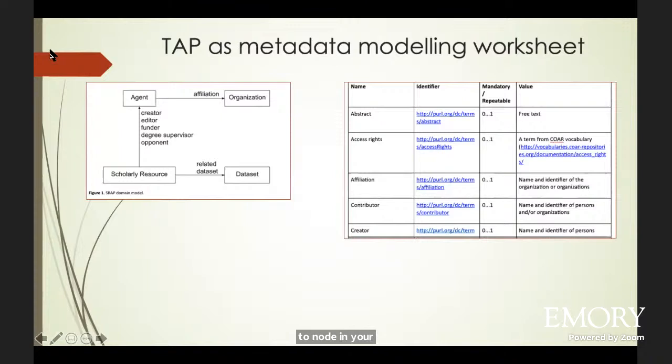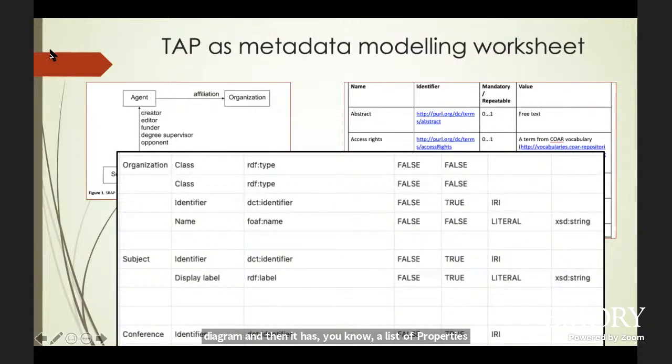Now, although we've conceived of the tabular application profiles as being machine actionable, what we are also discovering is that people are finding that using this model helps them think about their metadata. And so moving from, for example, a document that has a diagram and a list of properties in it, to the TAP has given people a way to get a better vision in their own sense of their metadata.